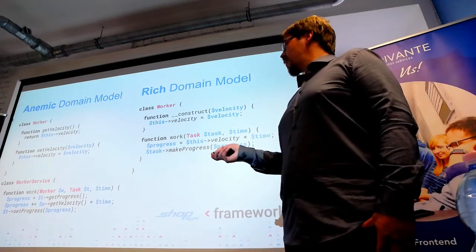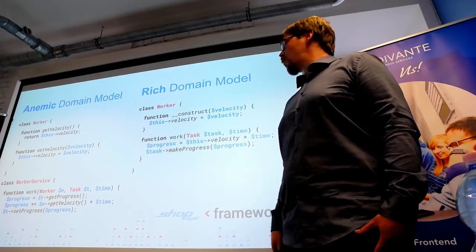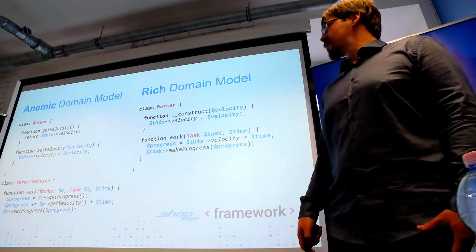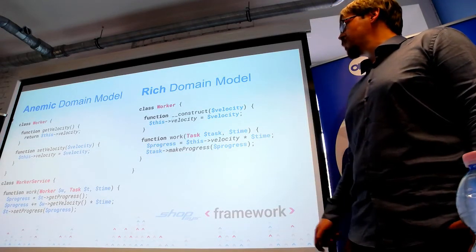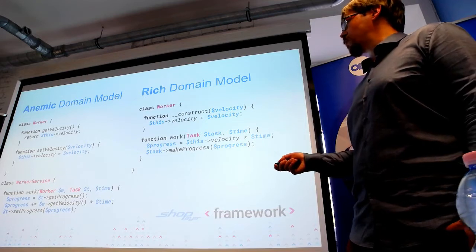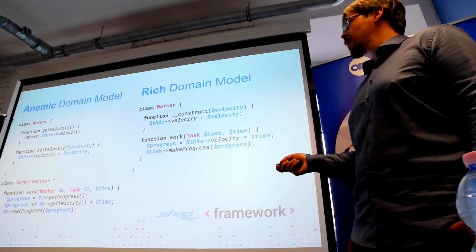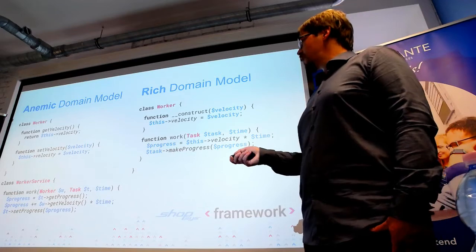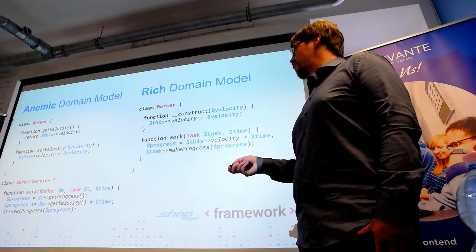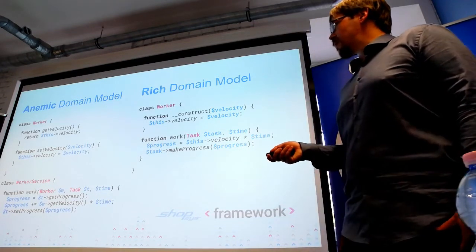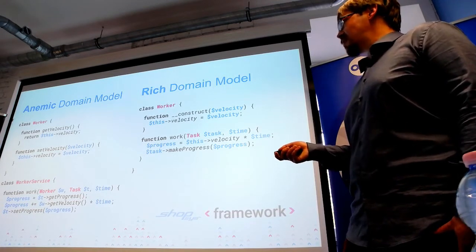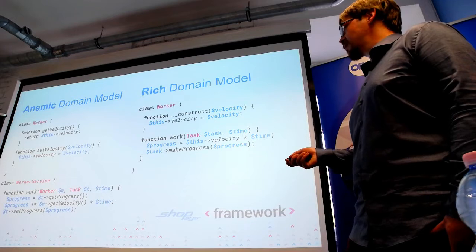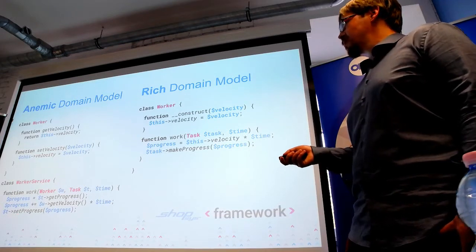And then we have some service layer, a WorkerService, that has all the logic in it. So it has some function work, and a worker can work on a task for some time. Here we see the procedural code, because procedural code first gets some data, then makes some decisions, and then just saves it.